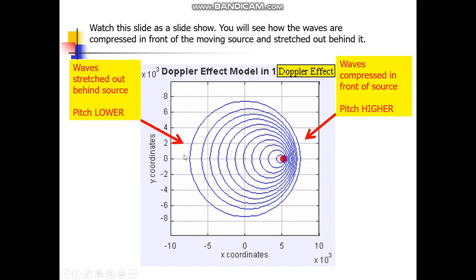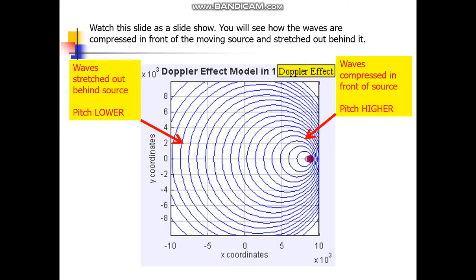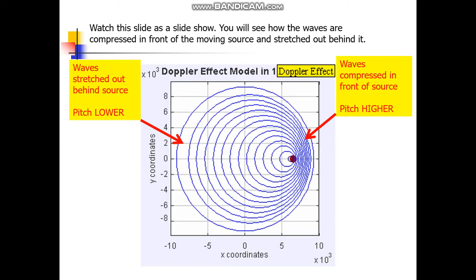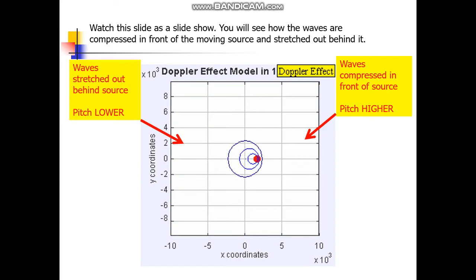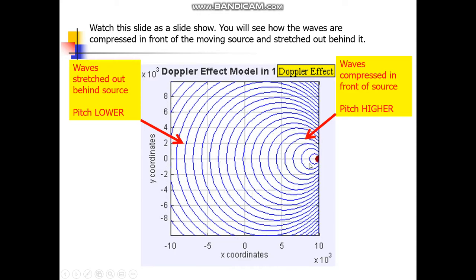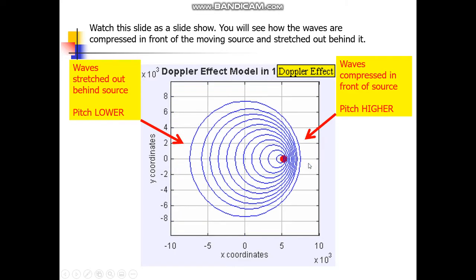Now, if these were sound waves, then the number of waves that hits you per second is the frequency, the pitch of the sound. So in other words, low frequency is a low pitch, high frequency is a high pitch. So if you're standing in front of an object, you would hear a higher pitch than the actual sound.